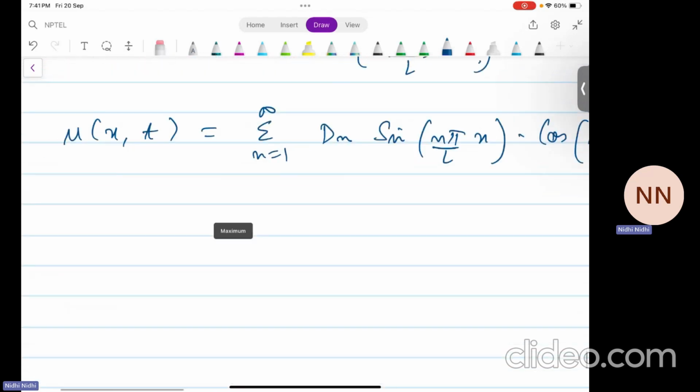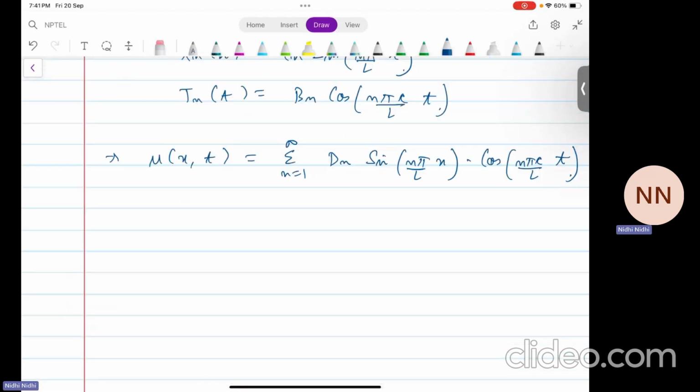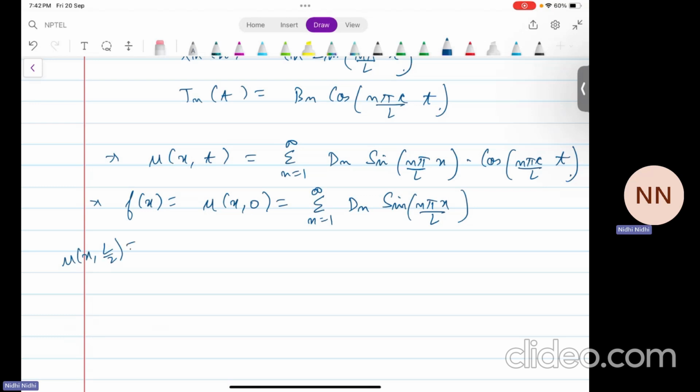So that gives us f(x) is equal to u(x,0), which is equal to summation n from 1 to infinity d_n sine(n pi x by L), because cos 0 is 1. Now we need to find this d_n so that we can prove that u(x) at L by 2 is 0.